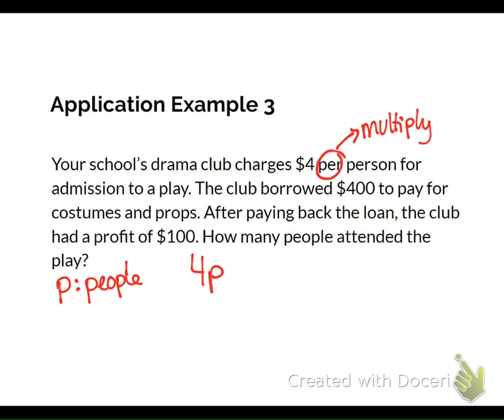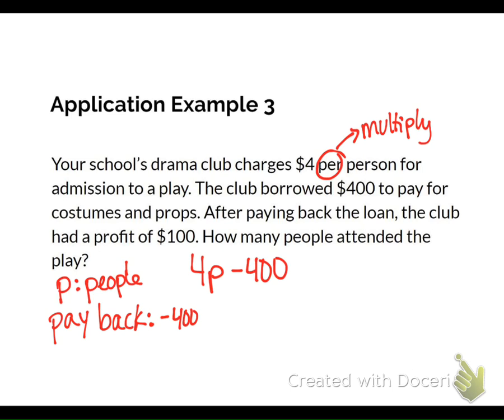So if we're paying it back, that means someone's taking that money away from us. So pay back $400. That means it's negative to us. So we're going to have 4p minus $400.